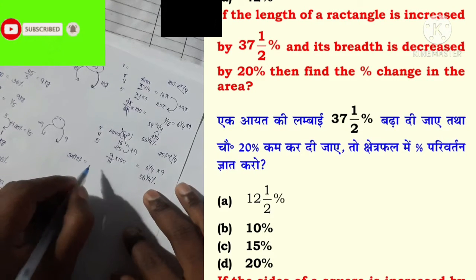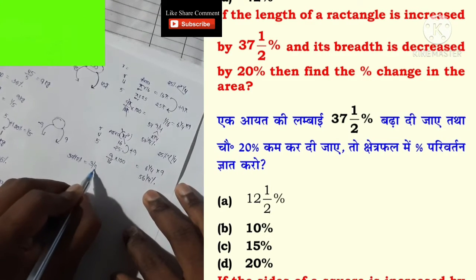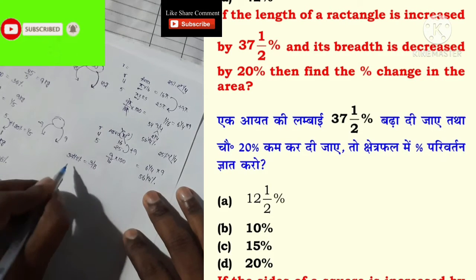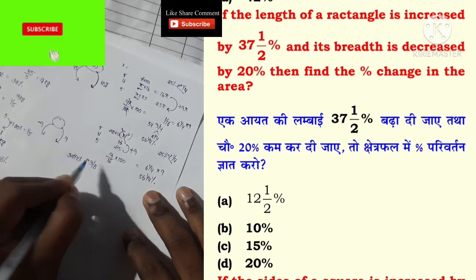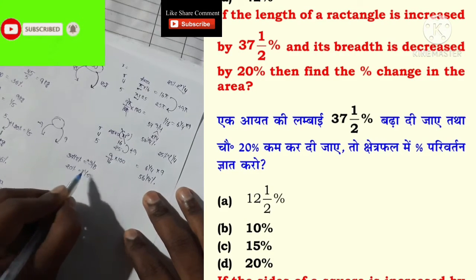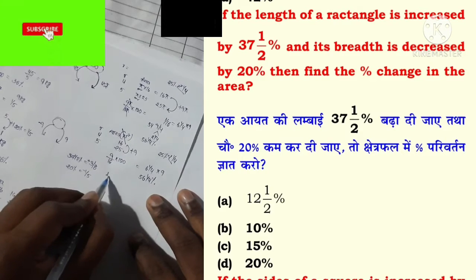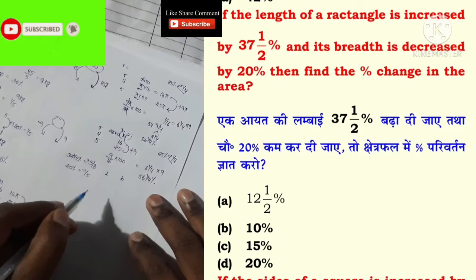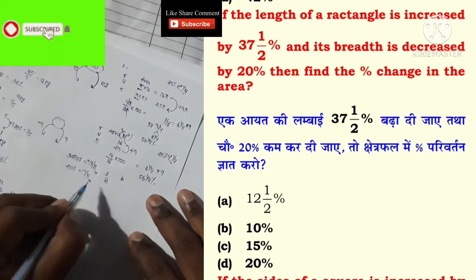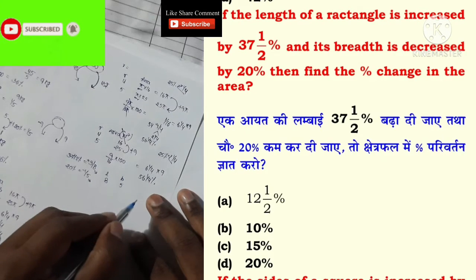So the 37.5% can be converted into fractions, 3 by 8. Its breadth is decreased by 20%. So 20% is 1 by 5. So length and breadth, starting length is 8 and breadth is 5.